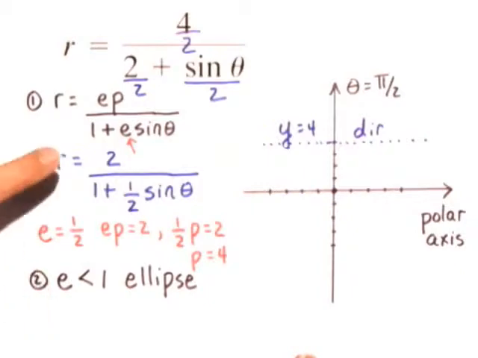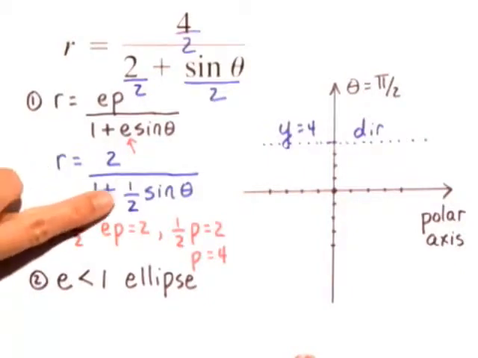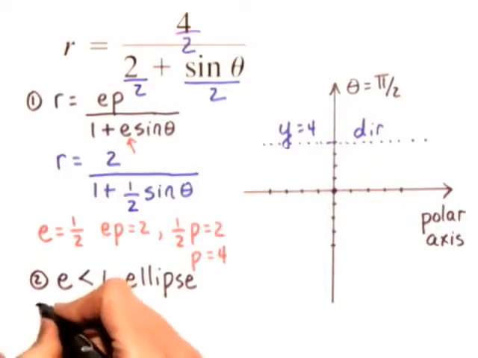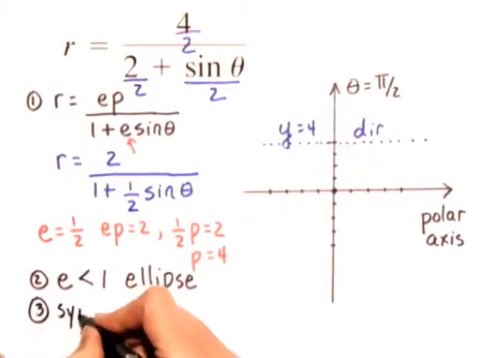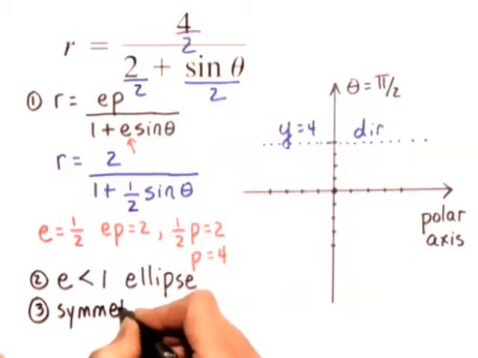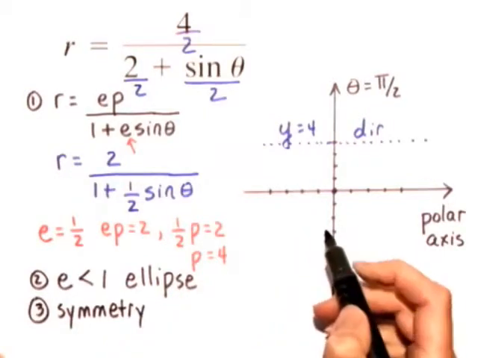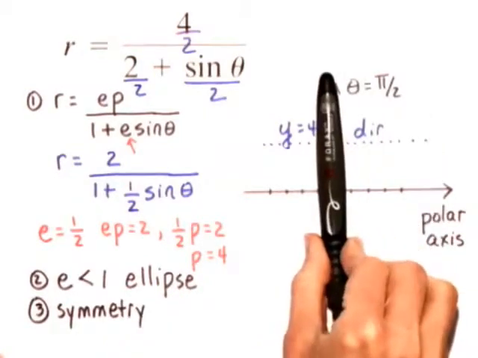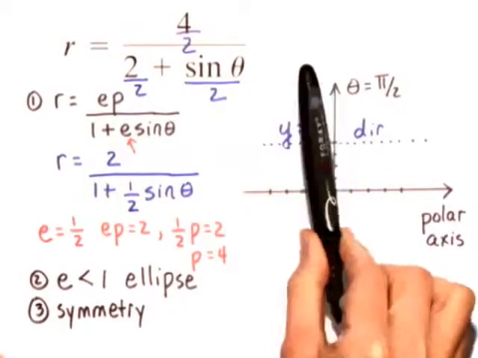We know, based on our standard form, 1 plus 1/2 sine theta, because of sine theta, we're going to have symmetry. In this case, the symmetry will be with respect to the line theta equals pi over 2.